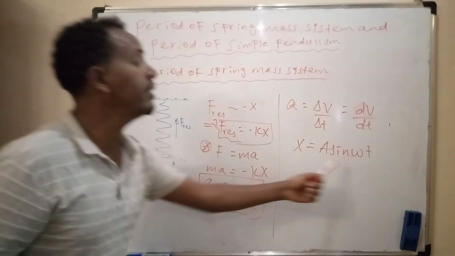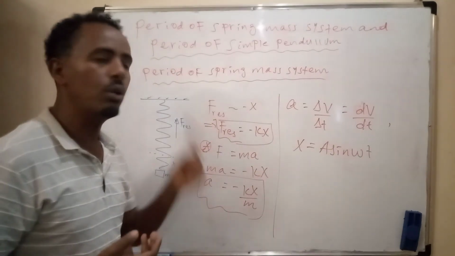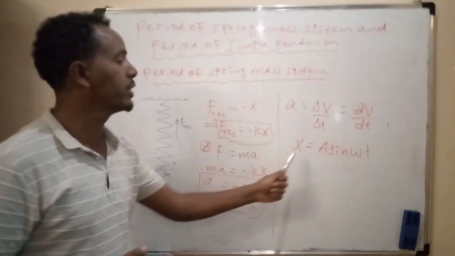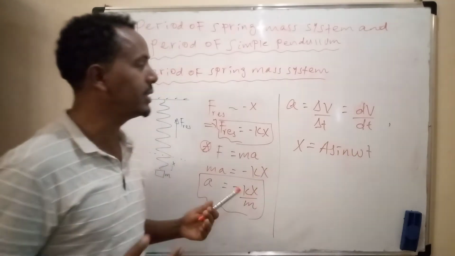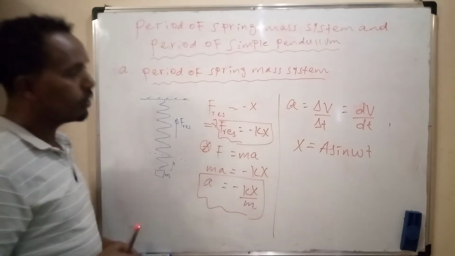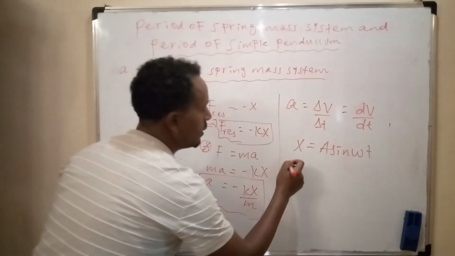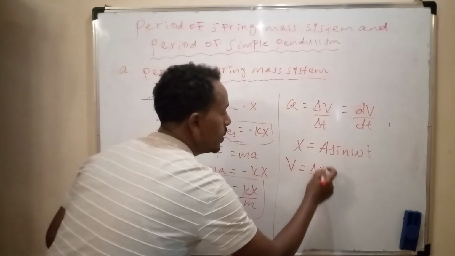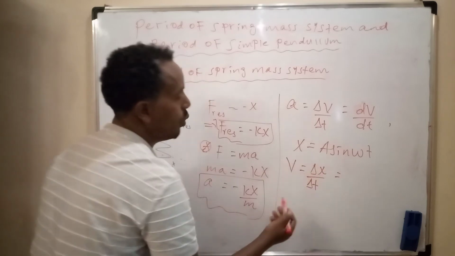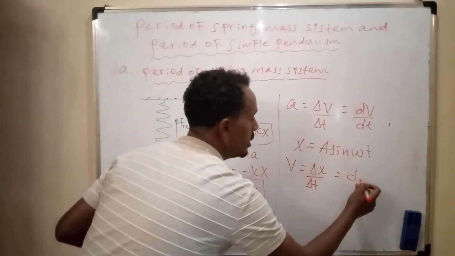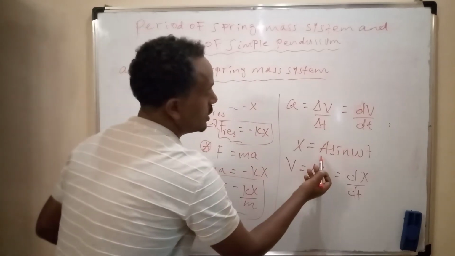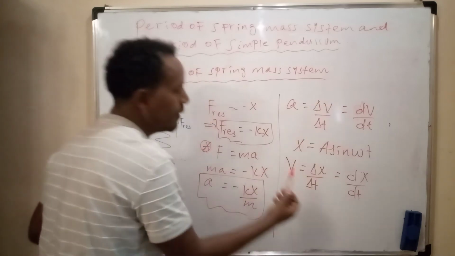Simple harmonic motion repeats itself at regular intervals of time, so it is expressed by a sine function or cosine function. So x is equal to A sine omega t is the mathematical expression for displacement. From this, velocity is equal to change in displacement over change in time, the derivative of x with respect to time. So substitute this expression instead of x and differentiate.